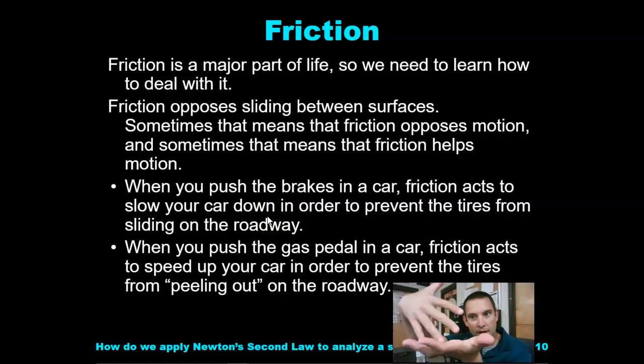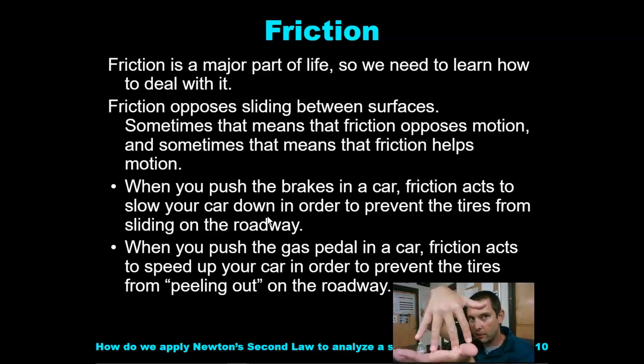So it's not sliding. Instead, you have friction pushing the tires, causing this rotation or generating a torque to roll the tires. So when you press the gas, that is allowing friction to speed up the car. We learn more about torque as it relates to things going in a circle later on through the year.